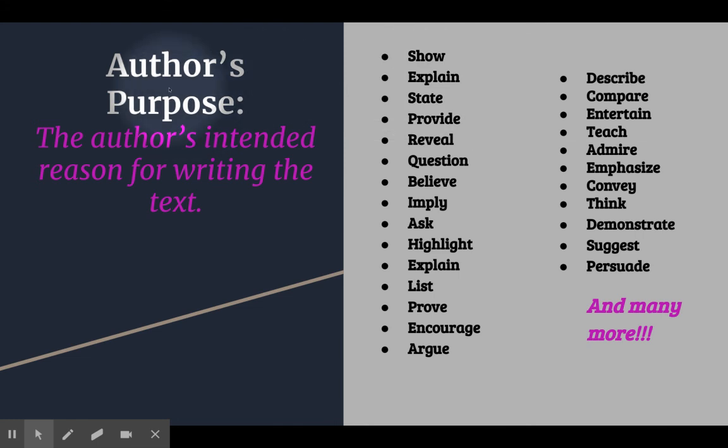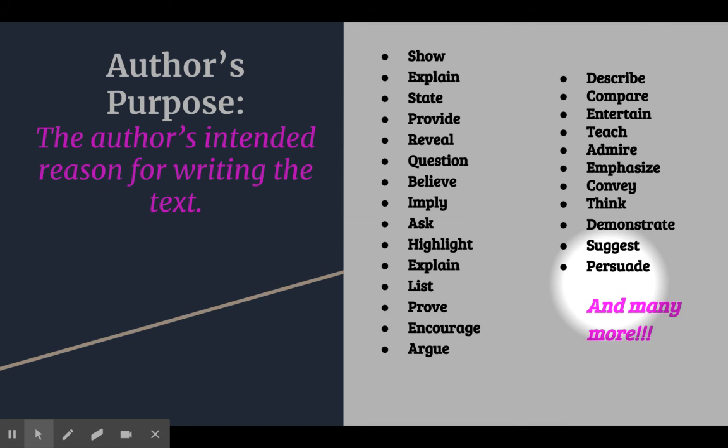An author writes a passage, a text, or an article for a particular reason. Sometimes you're reading a specific article or passage because maybe the author wants to persuade you to believe in something, to vote for something, to agree with him or her on a certain topic.